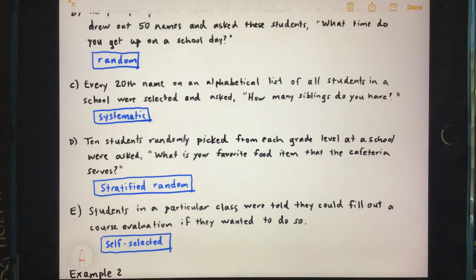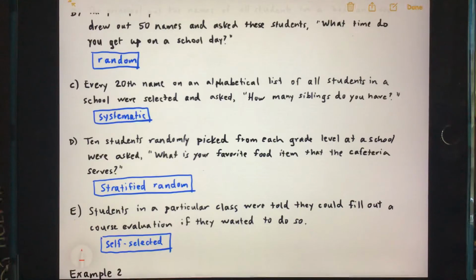So stratified random: first make groups of the entire population and then randomly pick people from each of those groups. Again, random, systematic, and stratified random typically are going to give you pretty good representative samples of an entire population, so you can have a pretty good idea of what's happening with everyone or everything in that population without actually surveying every single person.